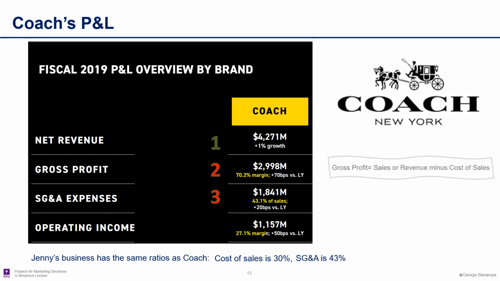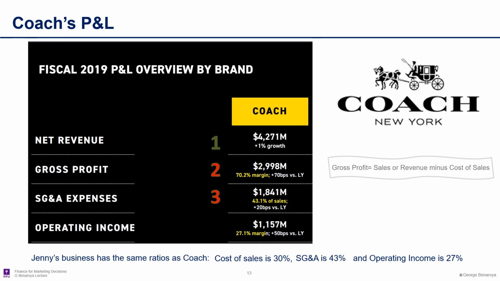We see that their SG&A or expenses is, like Jenny's, 43%. At companies, we do this type of benchmarking to decide how much to invest in advertising or whether to fly business for that matter. Finally, the difference, operating income or net income in the case of Jenny, is also like Jenny's 27%.